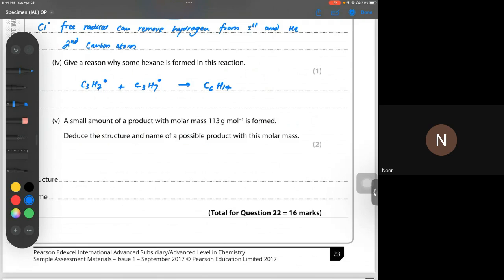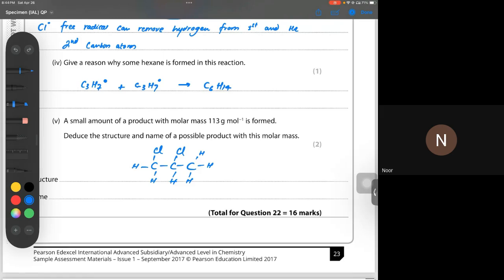The position of the chlorine should be different, of course. Let's suppose we have this one. It's 1,2-dichloropropane.